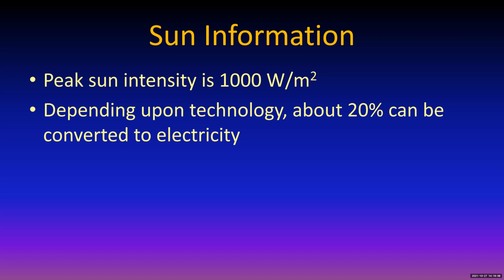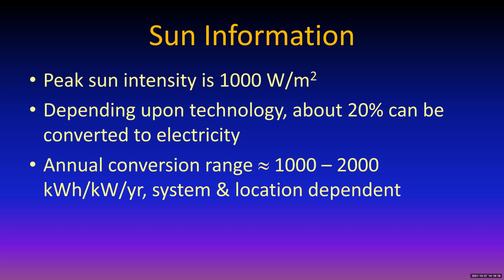So that's about 200 watts per square meter that you can make, if you're trying to figure out if you have enough area to accommodate the number of watts you need. And depending where you live, the annual conversion range is generally somewhere between 1,000 and 2,000 kilowatt hours per kilowatt per year. And of course, it depends on the system and the location. In Albany, New York, the number is maybe a little closer to 1,350.